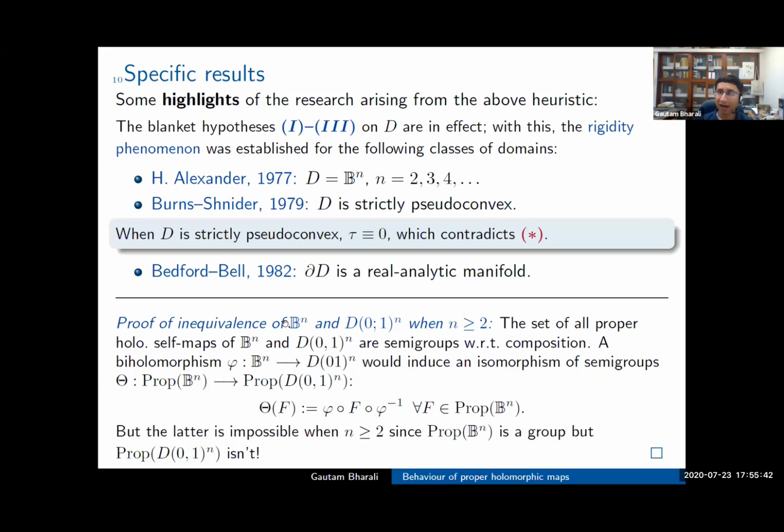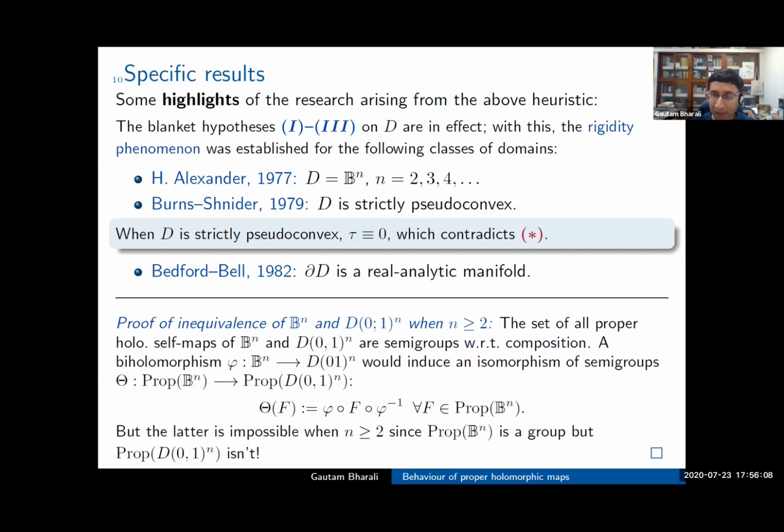Okay. But you see, if there were a biholomorphism, this conjugacy would give me a semigroup isomorphism, but these semigroups are non-isomorphic because remember, we computed the semigroup of proper holomorphic self-maps of the unit polydisk.